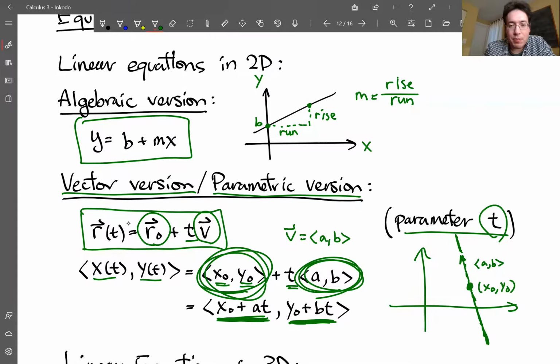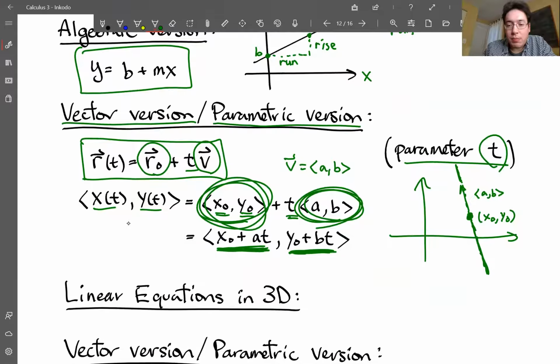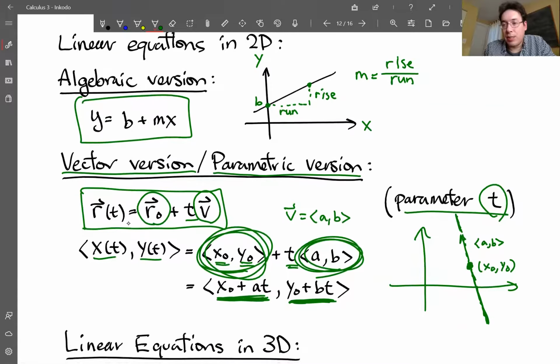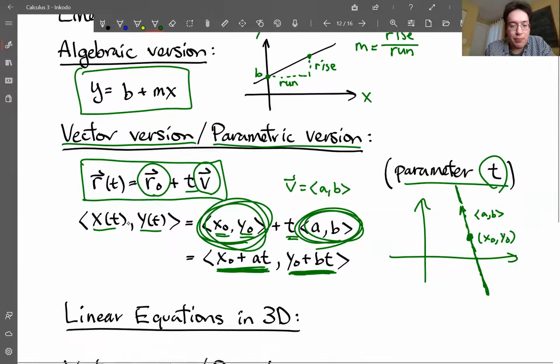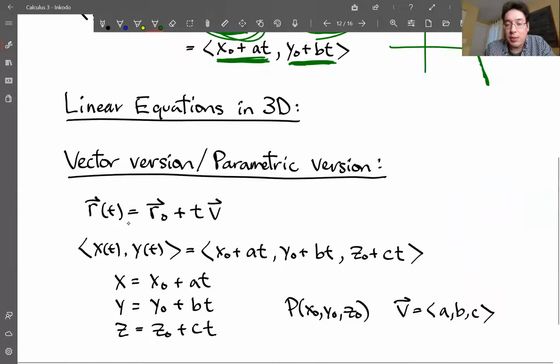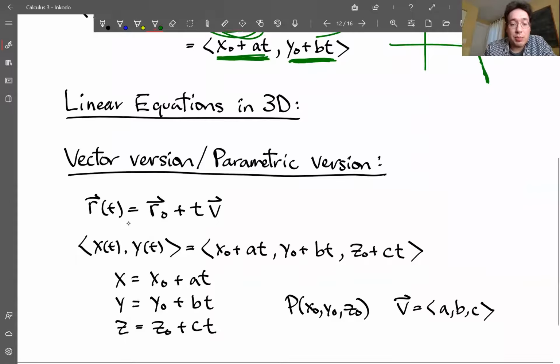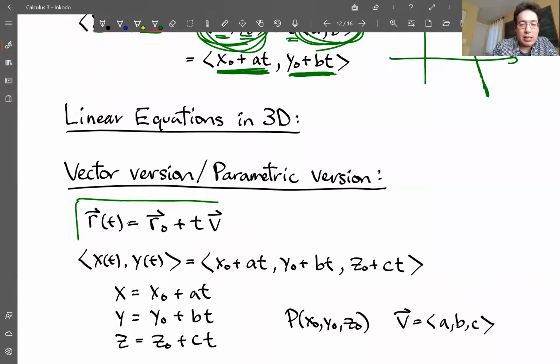Okay. All right. So let's take this picture, which is a little bit easier to work with, and bring it into 3 dimensions. Okay. So we're going to start with the vector version of the equation. In fact, the formula is exactly the same as before, except you have 3 coordinates now.